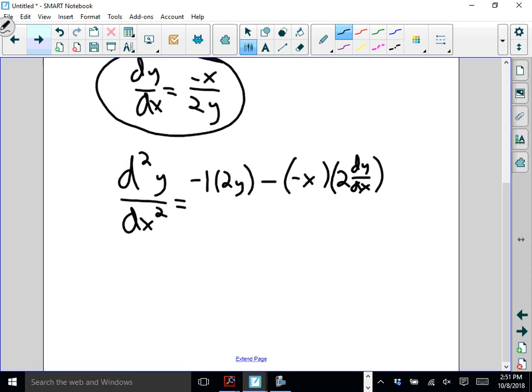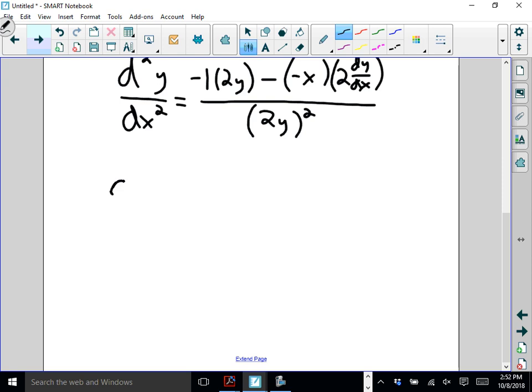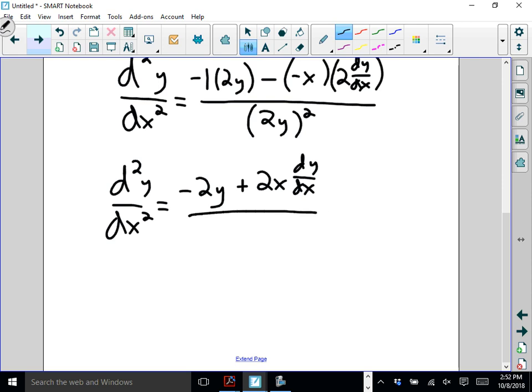Anytime we do the derivative of y, whole thing divided by 2y quantity squared. Cleaning this up a little bit, I get my second derivative is equal to negative 2y. This is going to end up being a plus 2x dy/dx. Whole thing over 4y squared.